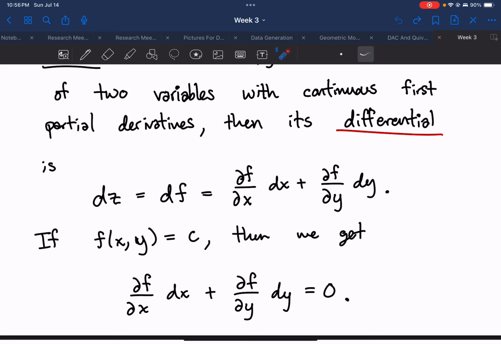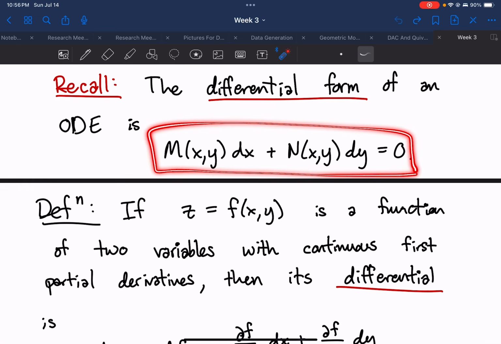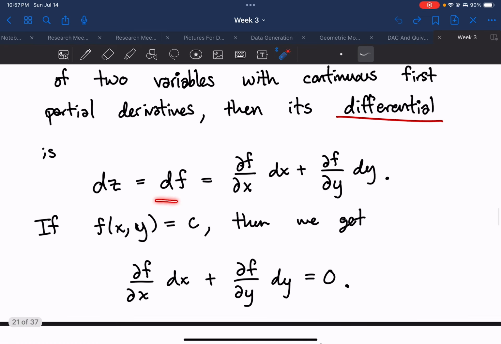If you see an equation like this, it might be the case, it's not guaranteed, that this is the differential of some function equal to a constant. In that case, this f would be the solution to the differential equation. Or I guess this technically would be the solution.